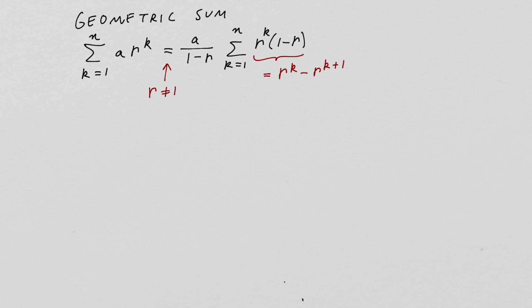Now we see that the general term of the series is r to power k minus r to power k plus 1. So our sum is telescoping. I wanted to have a 0 here as the first index, so let's do that. Now we obtain our formula.